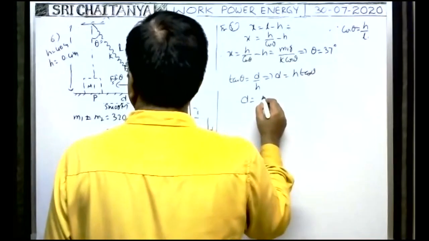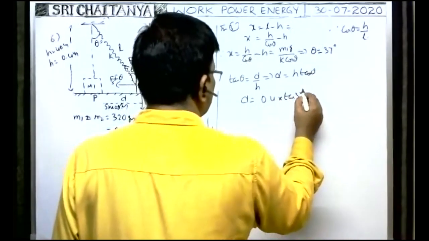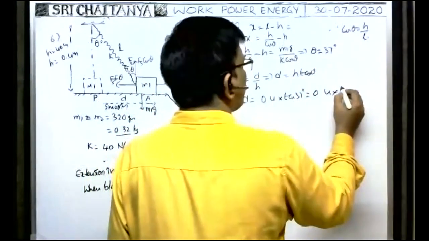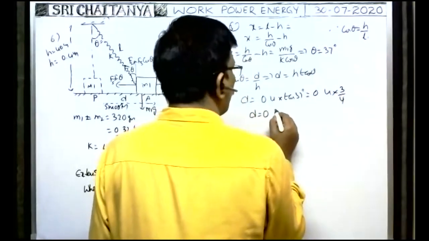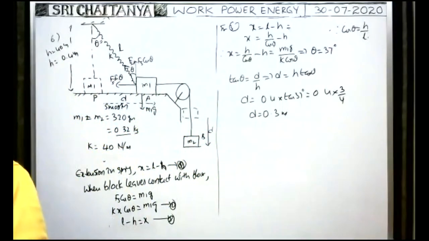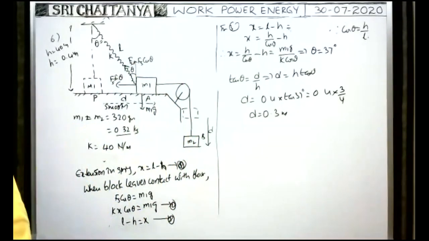D is equal to 0.4 into tan 37. What is the value of tan 37? 3 by 4 now. Therefore, D is equal to 0.3 meter. That is the displacement of the block at the moment the block leaves the contact with the floor.